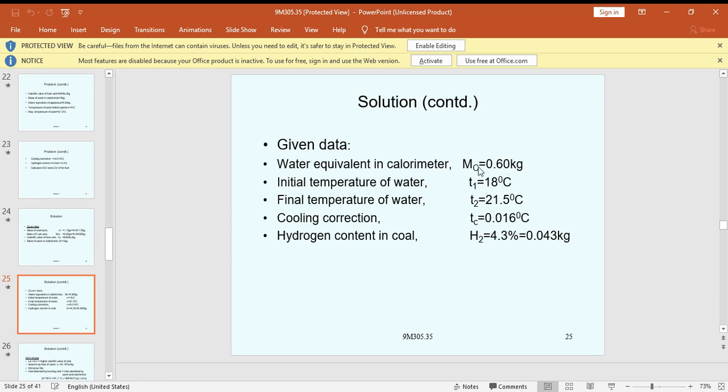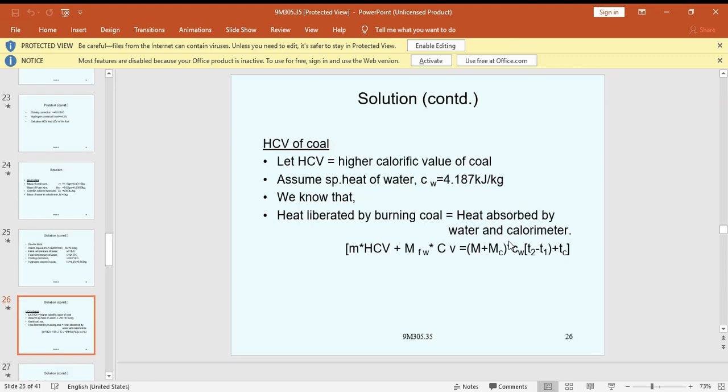Water equivalent of calorimeter equal to 0.6 kg. Initial temperature of water T1 equal to 18 degrees centigrade. Final temperature of water T2 equal to 21.5 degrees centigrade. Cooling correction Tc is equal to 0.016 degree. Hydrogen content in coal H2 equal to 4.3%, equal to 4.3 by 100, that is 0.043 kg.